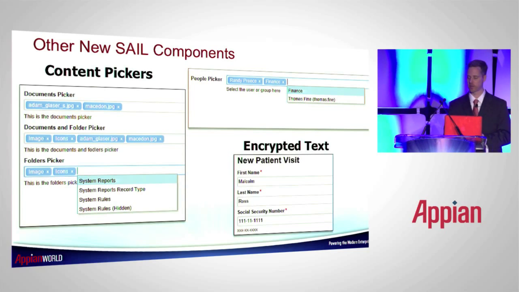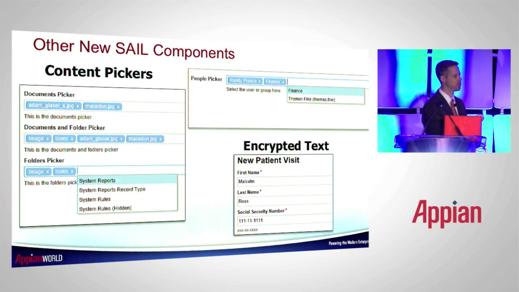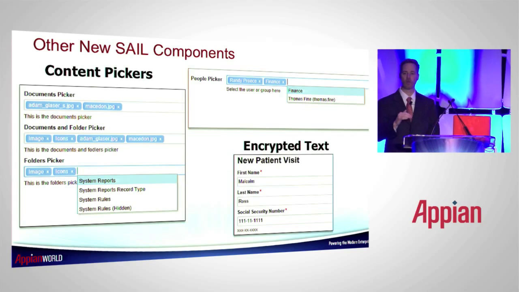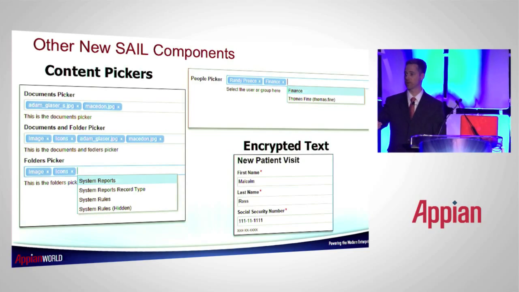The encrypted text component is also an important one because we want to make it easier than ever to secure information that you capture inside forms. So security is a big issue. We want to make sure that security is not only applied in how we communicate with our client computers as they interoperate with Appian, but also the information that we capture needs to be highly secured.